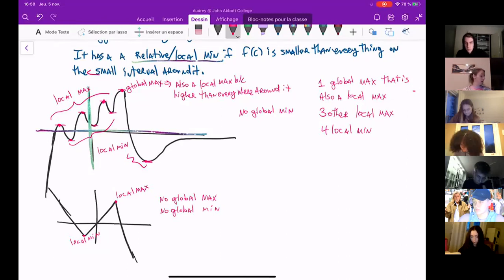So in other words, local max and min occur when the derivative equals 0 or when the derivative does not exist. Which, guess what, we just gave a name for? That's critical values. So it turns out that this is a theorem called Fermat's theorem that basically tells me that local max and min occur only at critical values.